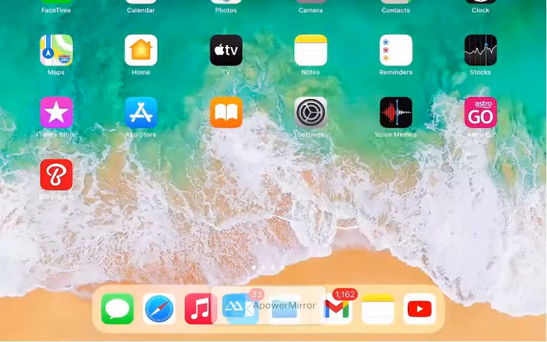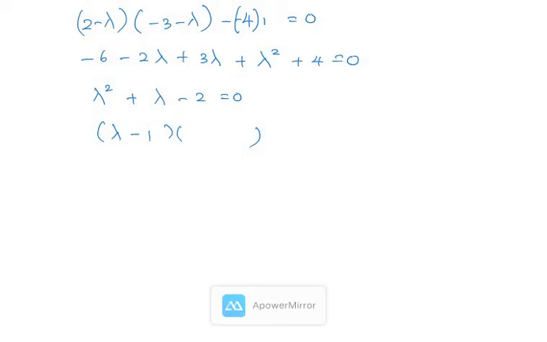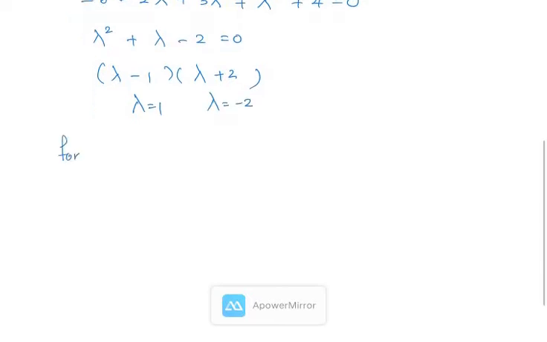So when you factorize, you get lambda minus 1 and lambda plus 2. So lambda equal to 1, lambda equal to negative 2. So for lambda equal to negative 2, you get 2 plus 2, and this is negative 4, 1, negative 3 plus 2.